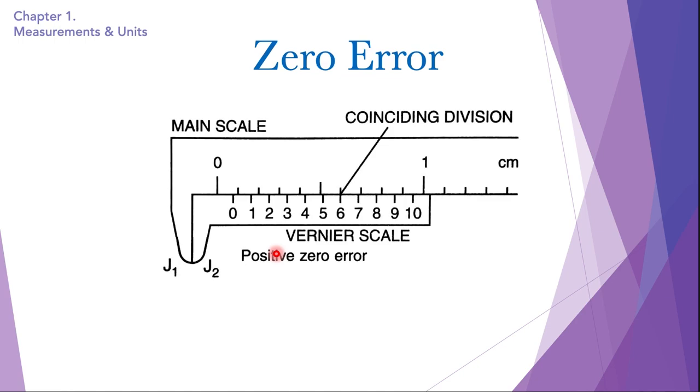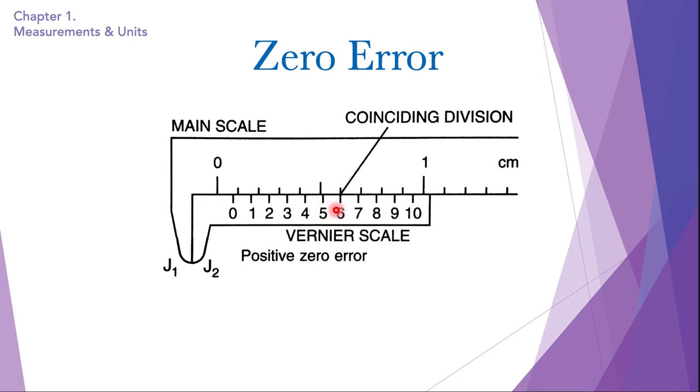In order to find out the actual value of this zero error so that we can do measurements with this vernier calipers, we're going to measure the zero error. So let's say, for example, this positive zero error. We are going to find the vernier scale marking which is exactly aligned with one of the main scale markings, which is in this case 6. So this 6 vernier scale marking is exactly aligned with the main scale marking.